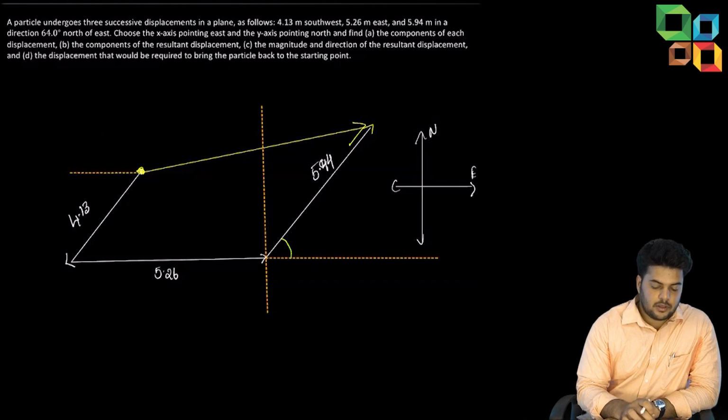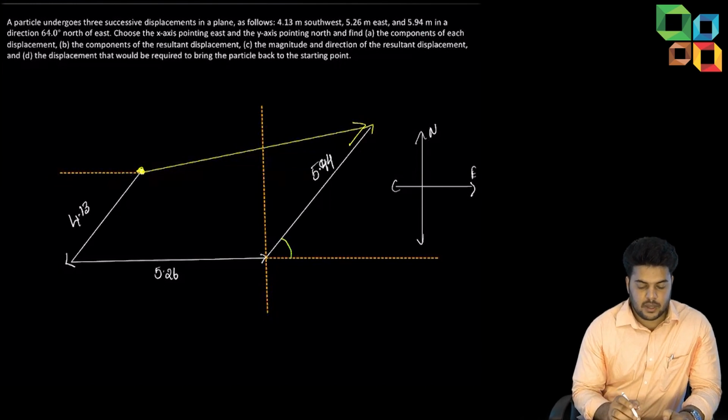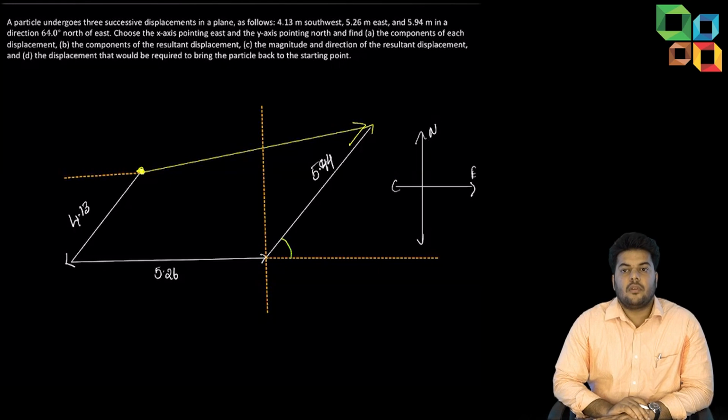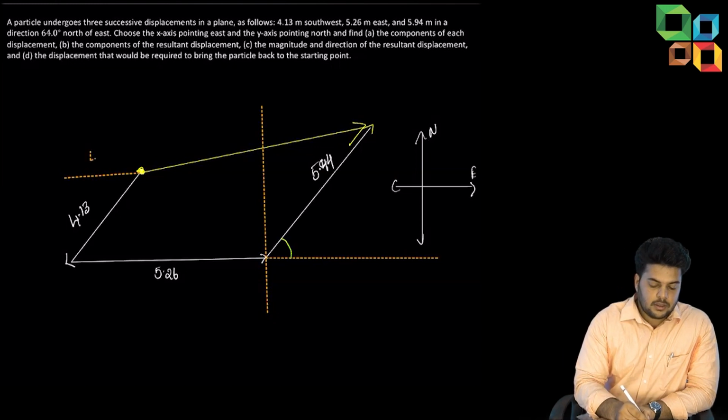How much back have we gone? Back meaning we have gone along the west direction. By how much? 4.13 divided by root 2. Very good. So this is 4.13 divided by root 2.